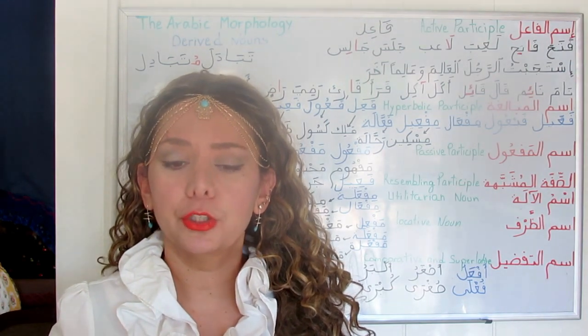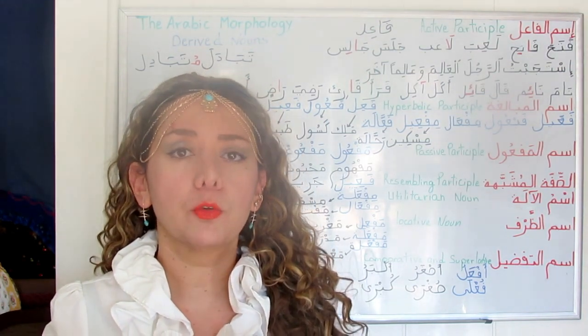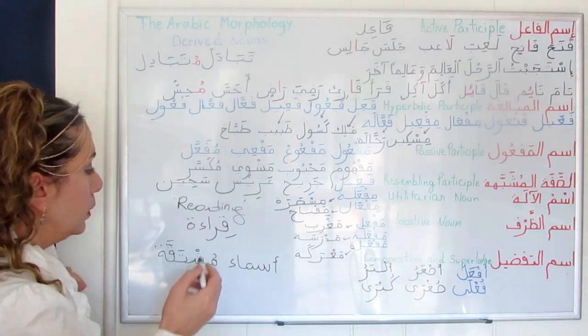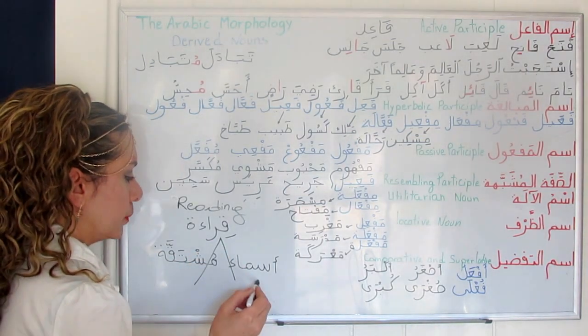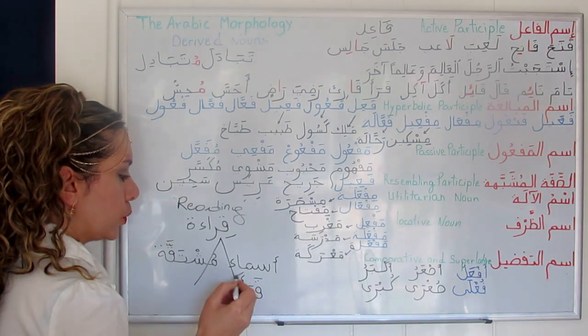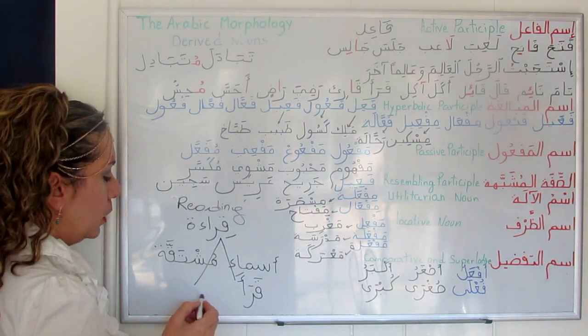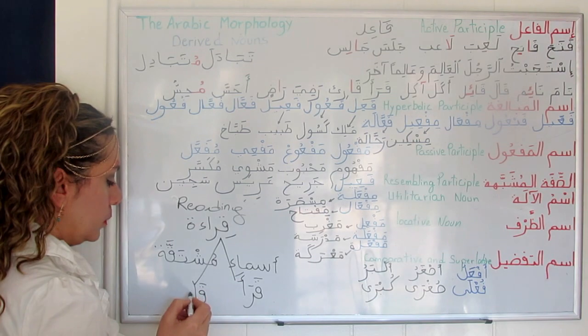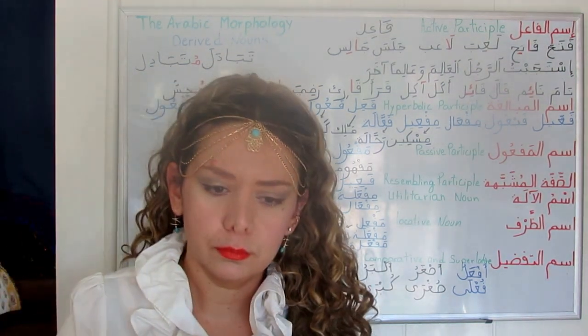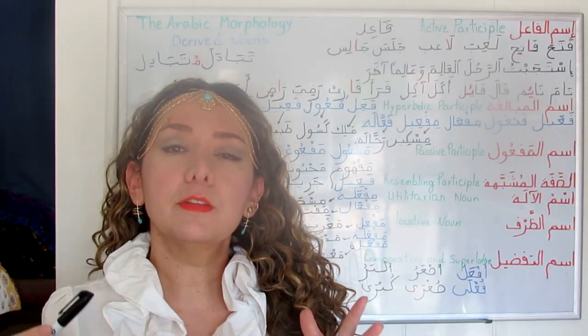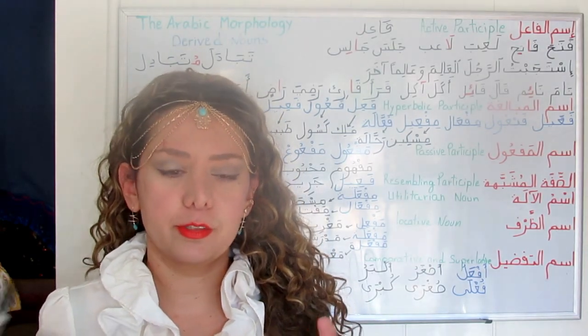Understanding the pattern can expand your vocabulary. For example, قراءة, we have قرأ, to read or he read, قارئ, reader. There are 7 types of derived nouns.